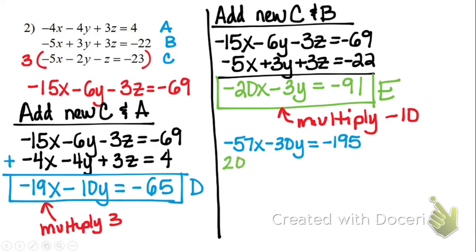So that would be 200x plus 30y equals 910. Now we have finally reached a spot where we can eliminate and find x. Go ahead and find x. Take negative 57 plus 200. Set that equal to negative 195 plus 910, and then divide.